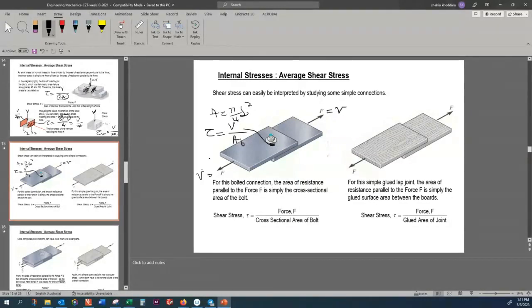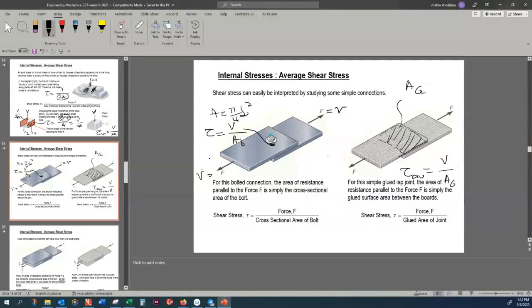But on the right-hand side, I'm just using some glue to fix two planes together. So the glue would be applied to this area, so that has an area of glue. And in this case, my average shearing stress is equal to shearing force divided by the area.